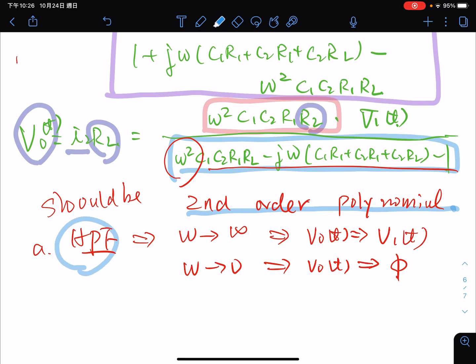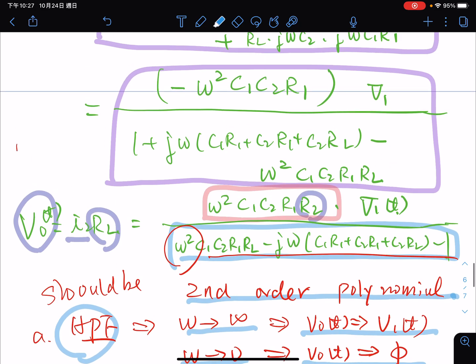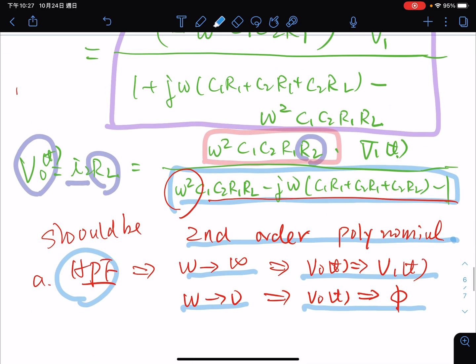When omega goes to infinity, the V out will be equal to V in. But when omega goes to 0, the V out will be 0. So it looks very complicated, right? But there are some formulas to calculate something like this, but this is not the purpose of this course.